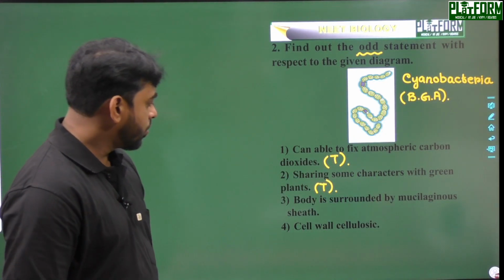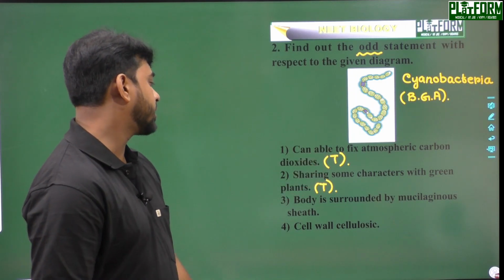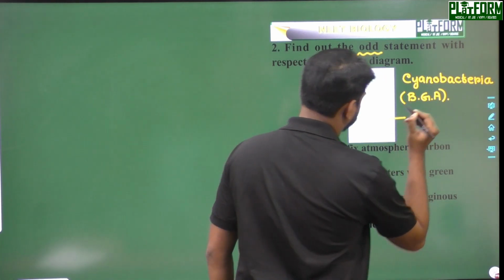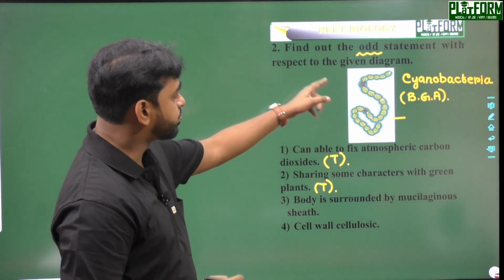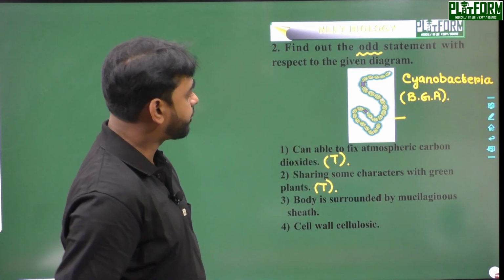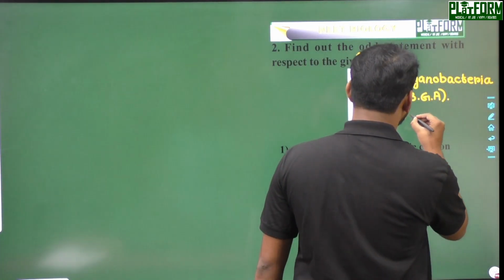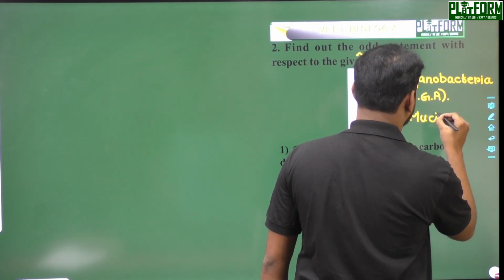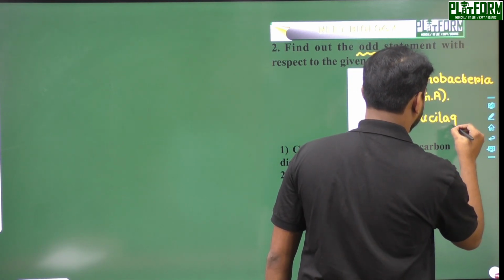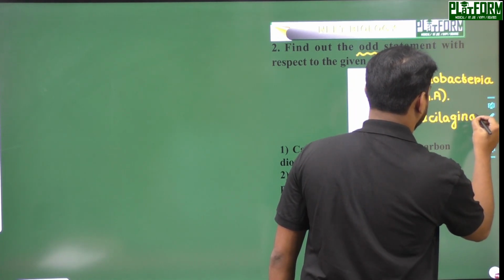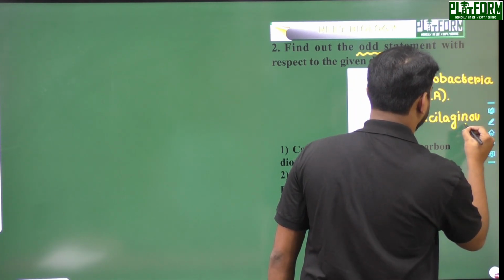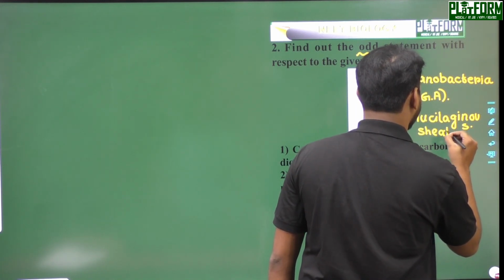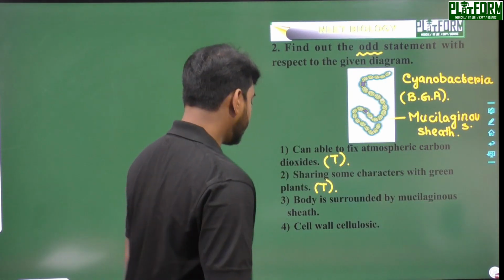Now, the body is surrounded by the mucilaginous sheath. In this particular diagram, the blue halos just outside the filament are actually the mucilaginous sheath.